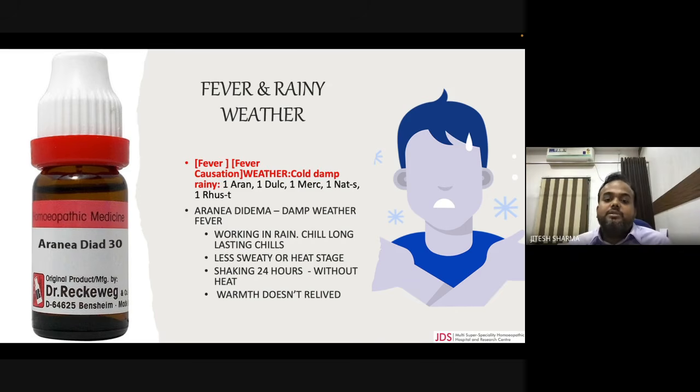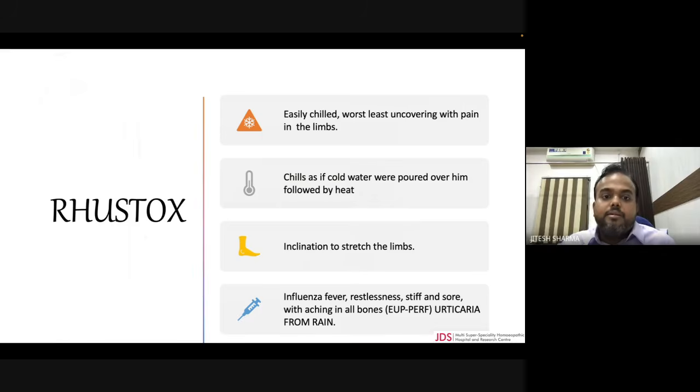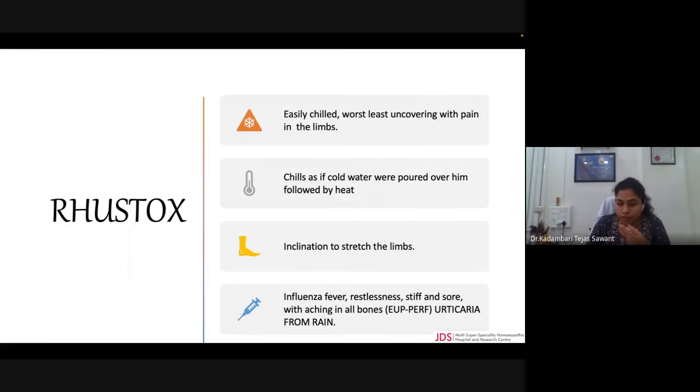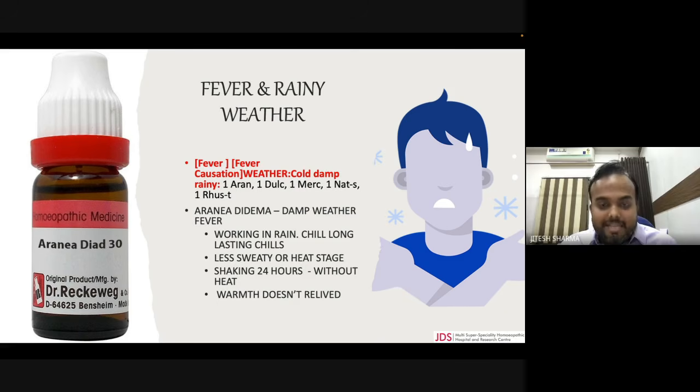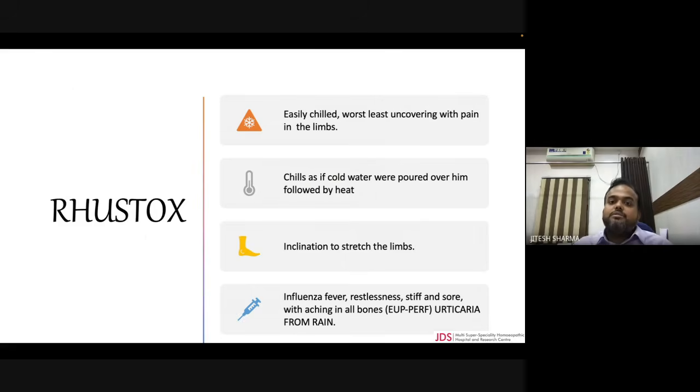There's so much chill, right? And warmth does not relieve at all. Even sitting in front of fire, they don't feel warmth even 1%. That's Rhododendron.